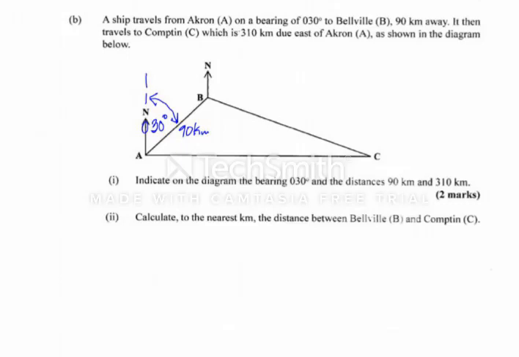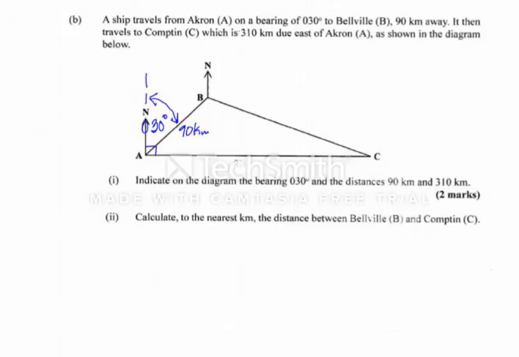It then travels to Compton C, which is 310 kilometers due east of Akron. So east is 90 degrees from north.